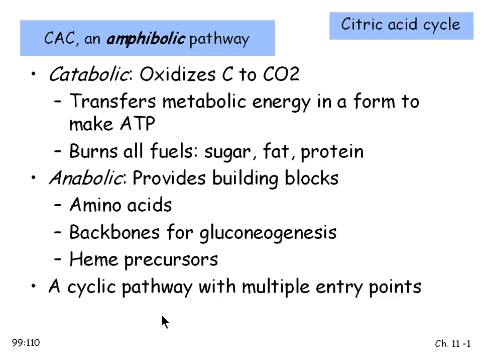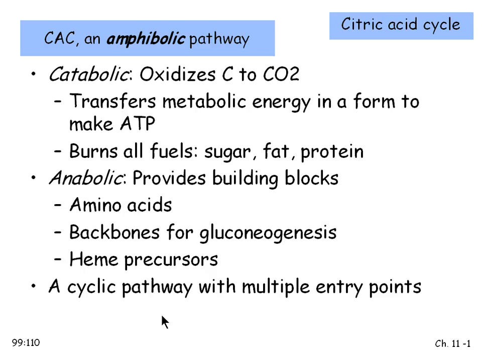When we were looking at the pentose phosphate pathway, there were certainly aspects of that that were amphibolic. That is, there were synthetic aspects, or under certain conditions you could use it to burn things. But the citric acid cycle is the one where the amphibolic character really comes to the forefront.